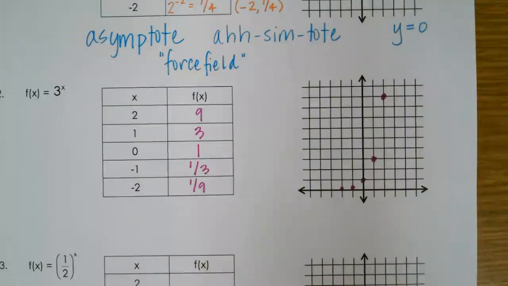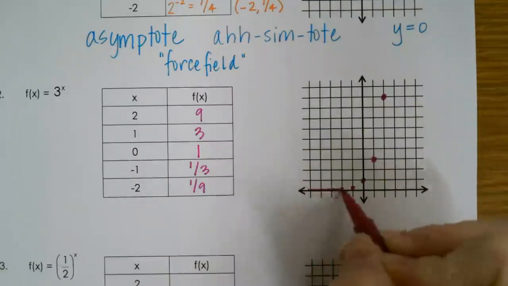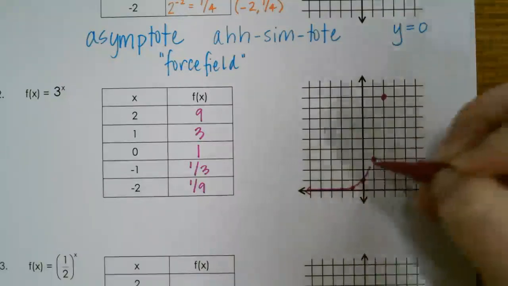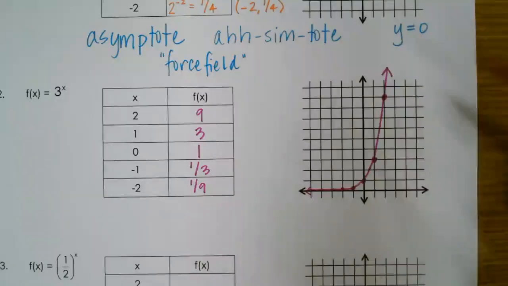All right, once again, I get a curve that is getting very, very close to 0, but not actually ever touching it. And then it's increasing this way dramatically because each additional point is 3 times the previous y value.